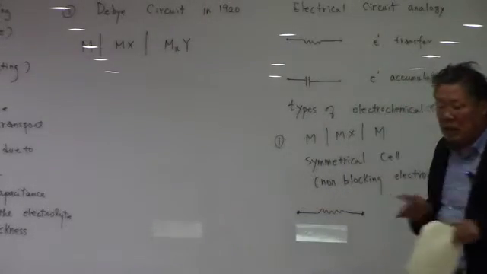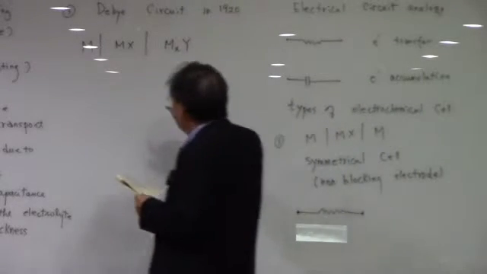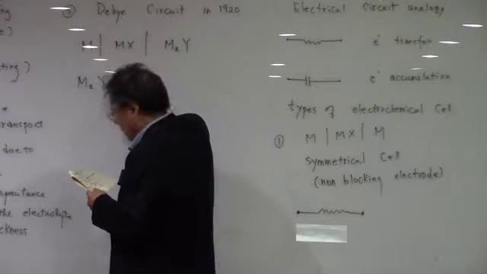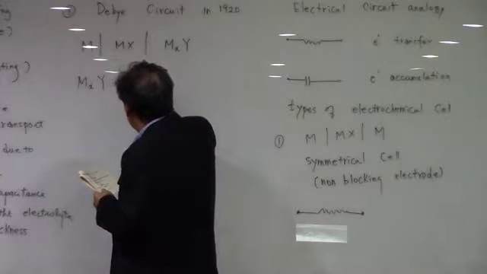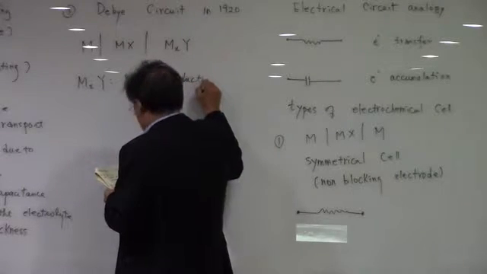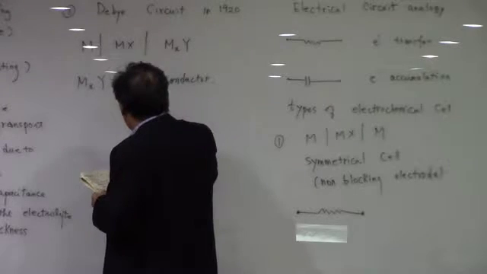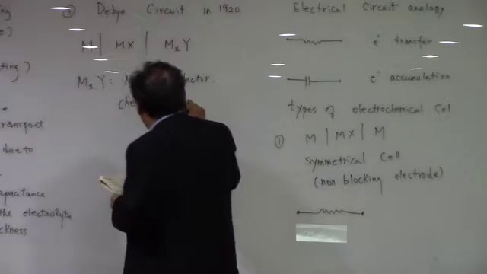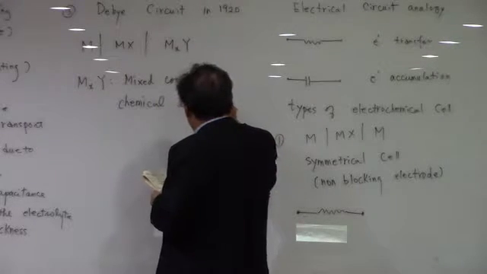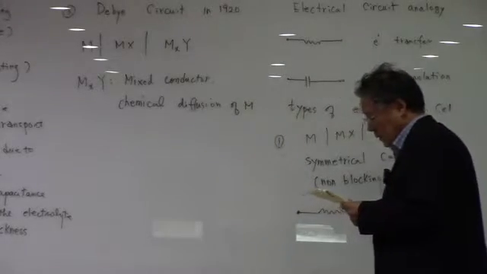This is not ionically blocking. This is ionically conducting, a mixed conductor. Here we have MXY. It's going to be a mixed conductor. Chemical diffusion of M happens inside the material.